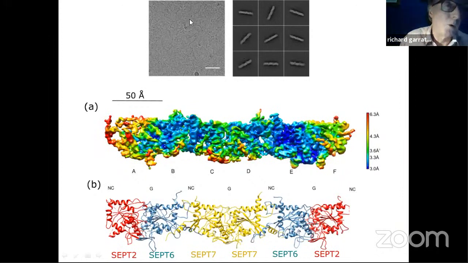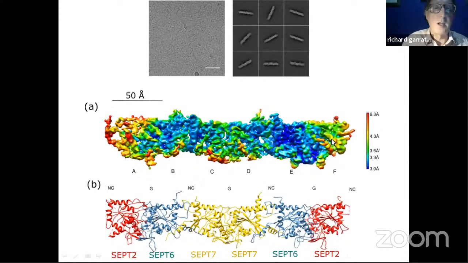So this is a raw image with these little rods, which are hexamers, that you're seeing in the raw image. These can be classified into different classes and then used to produce a three-dimensional reconstructed image for the hexamer. So this is the hexamer here at the bottom as a surface representation.